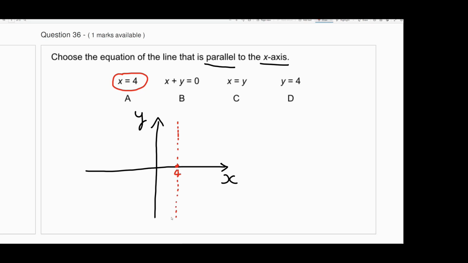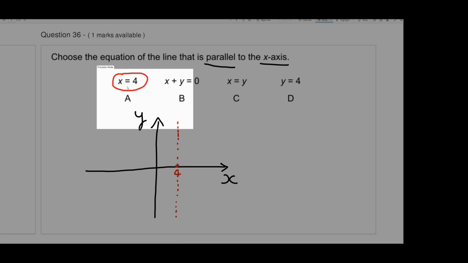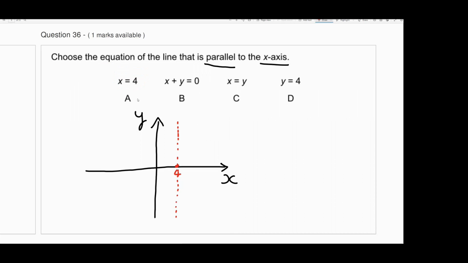Now, can you tell me which axis, x or y, is that red line parallel to? It's parallel to the y-axis. Well done. So that one is not the one that they want. That's not going to work because they want the one that's parallel to the x.